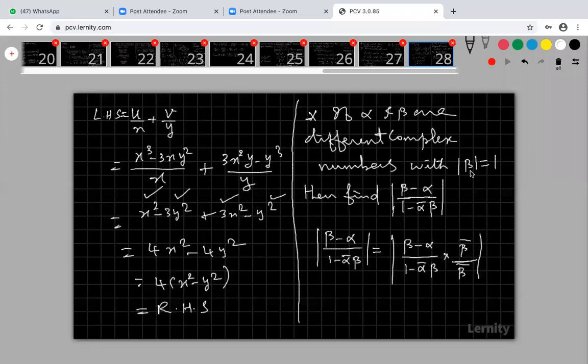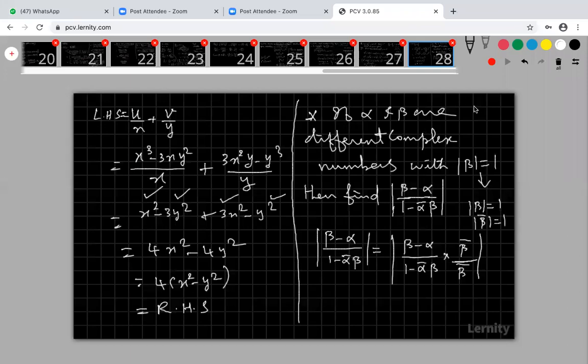Why, sir? Because it is given that the modulus of beta is 1. What about the modulus of beta bar? That is also 1. The modulus of a complex number and the modulus of its conjugate are the same.